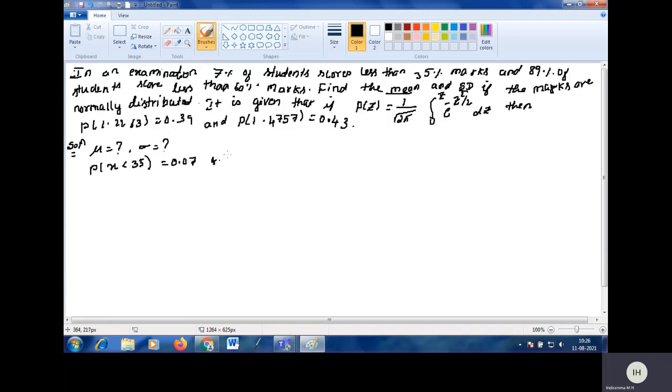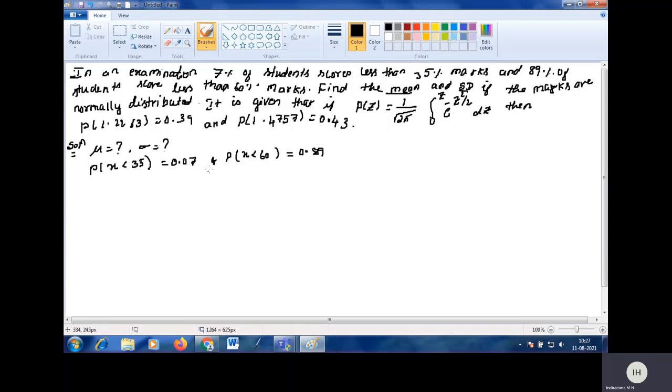And they also gave that 89% of students score less than 60% of marks. So first we have to define x. Let x be the percentage of marks scored by the students. Next, probability of x less than 60 is equal to 89%, that is 0.89. This is the given data.